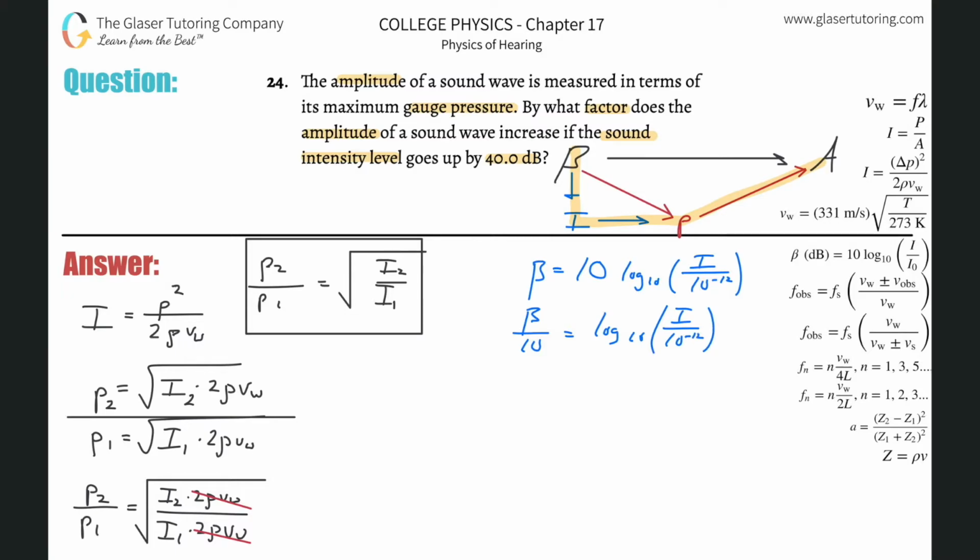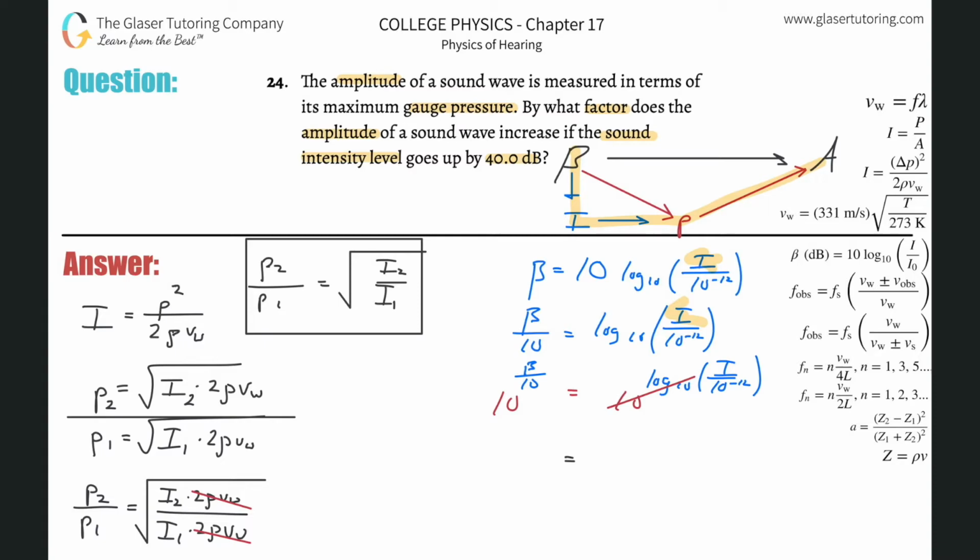Now I want to get rid of the log because remember my whole goal here is I'm solving for I. Okay, so I got to put a base of 10 on both sides, and then those values become basically the exponents, right? So this is 10 raised to beta over 10, and this is 10 raised to the log base 10 of I over 10 to the minus 12th. And I realize that the base 10 cancels the log, that's the whole point, right?